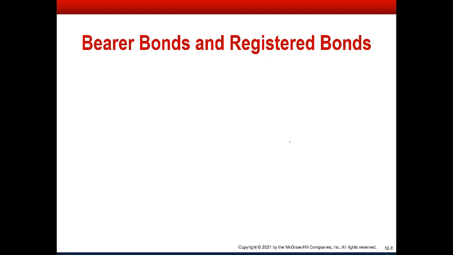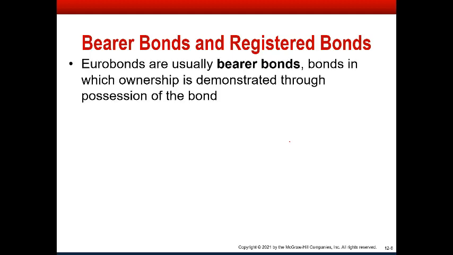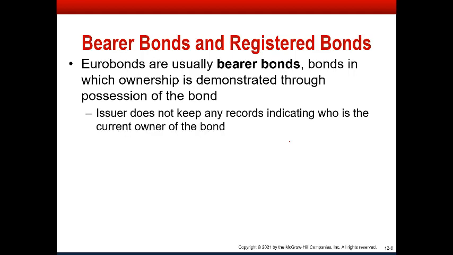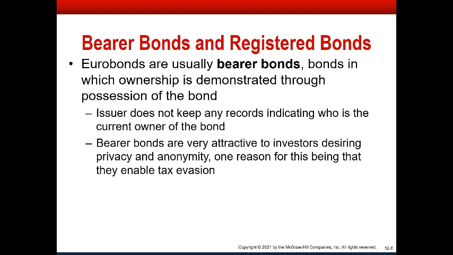We'll talk a little bit more about that in a minute, but let's also talk about bearer versus registered bonds. Euro bonds are usually bearer bonds, bonds in which ownership is demonstrated through possession of the bond, not registered through some clearinghouse that keeps track of who owns bonds and who the interest is due to. So bearer bonds are attractive to people who want privacy and anonymity. And let's face it, what's one big reason people want that?